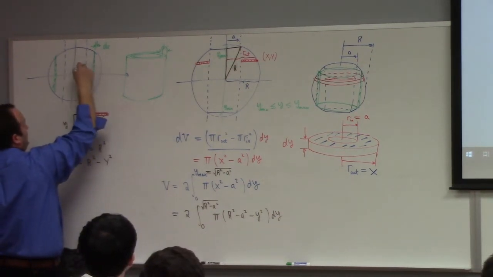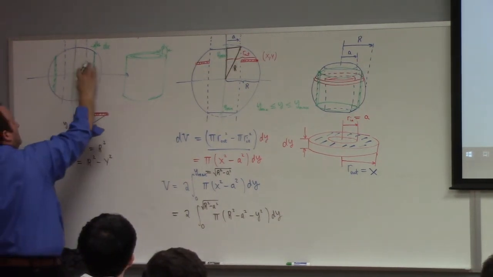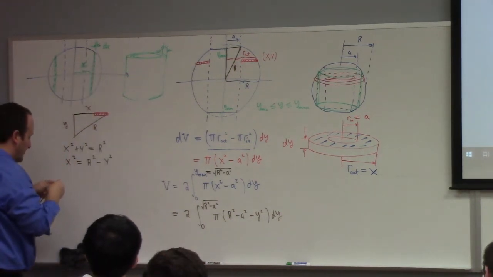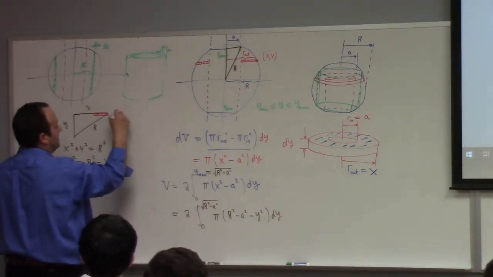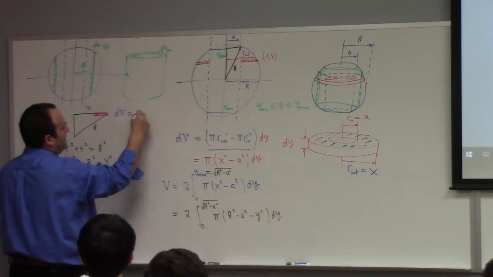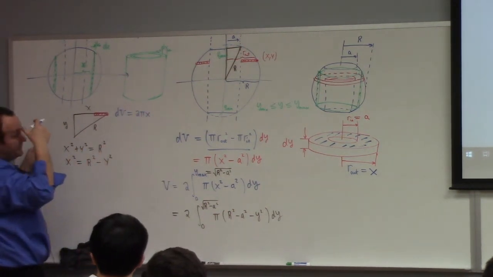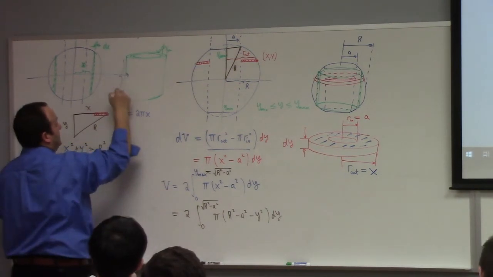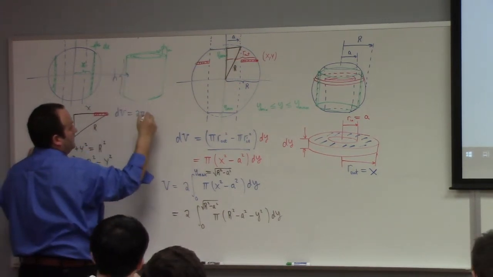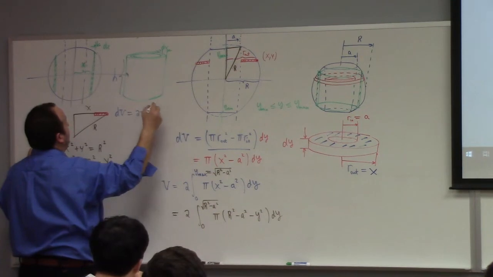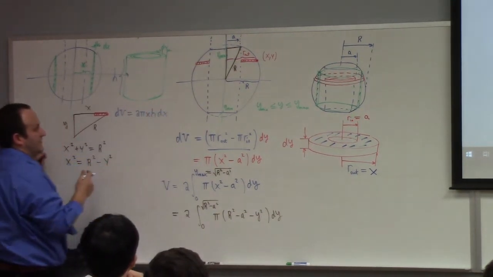Well, the radius here is just x. What's the volume of a cylindrical shell? You take 2 pi x, all right, and then times the height. And then the thickness is dx. So what's the height in this case?